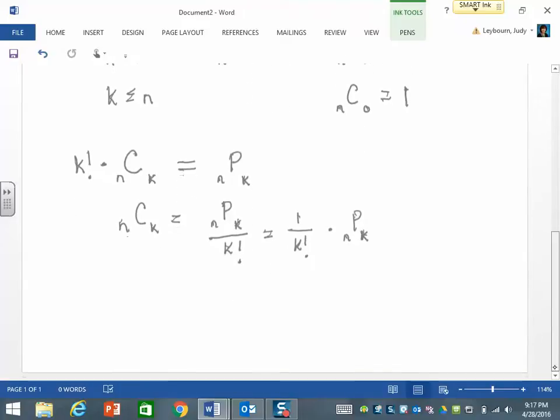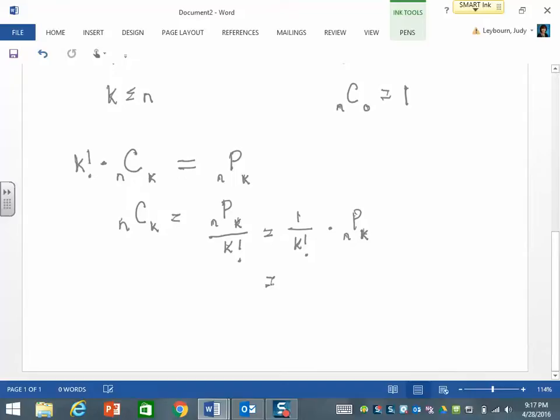Well, that would be the same as 1 over k factorial times, for the permutations, n factorial divided by n minus k factorial, which is equal to n factorial divided by k factorial times the quantity n minus k factorial.